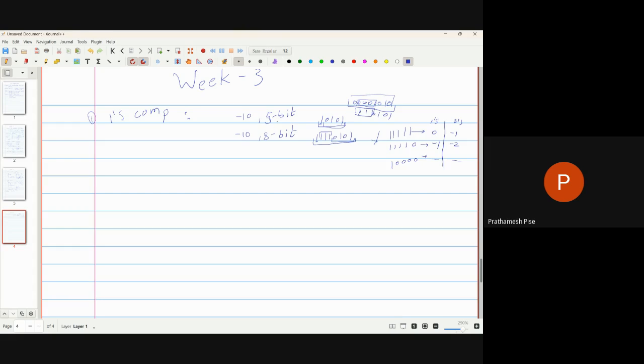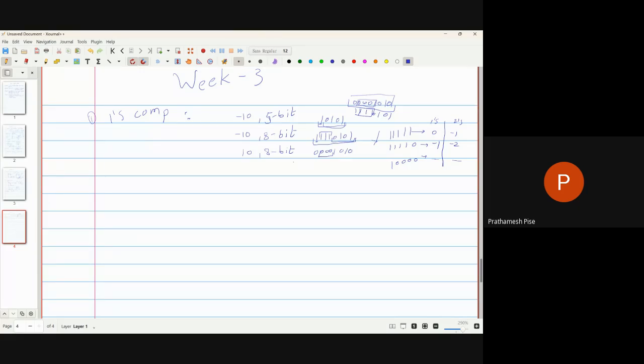We are using zeros here, but we are using ones here because this is a negative number. If I do the same thing with 10, let's say 10 in 8 bits, I will just say 0, 0, 0, 0, 1, 0, 1, 0. I will not sign extend it with 1. I will extend it with 0 because it is positive and it will behave the same as unsigned numbers.